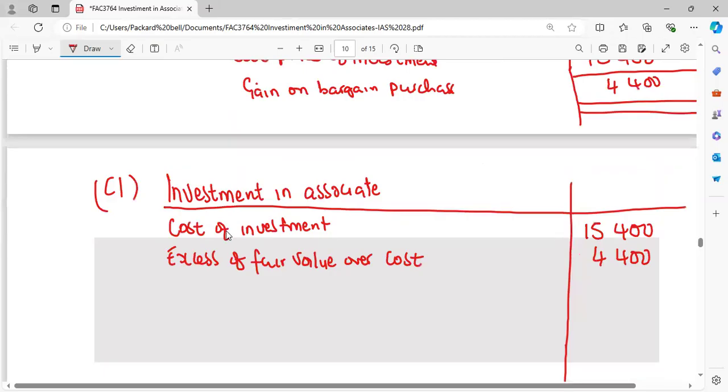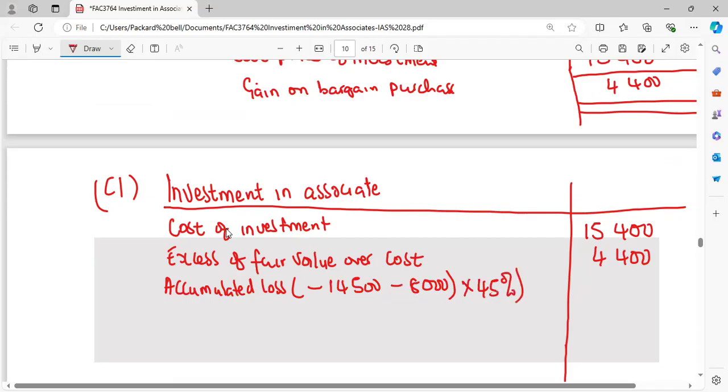So we are going to have the accumulated loss minus 14,500 minus 8,000. How much are we going to have there? 22,500. Then you multiply it by 45%.